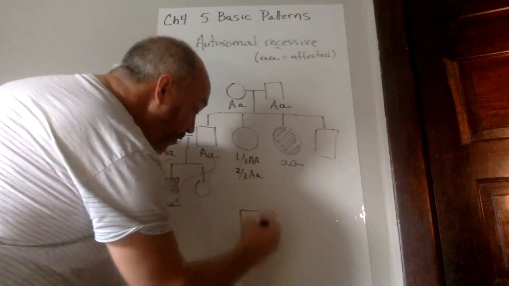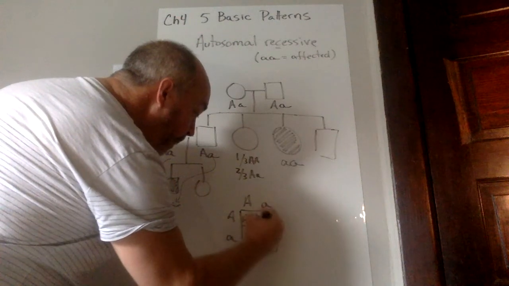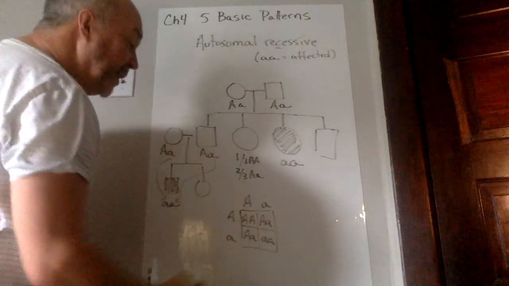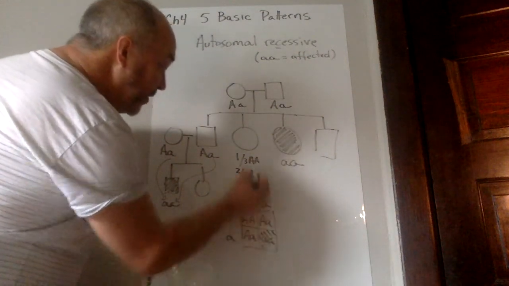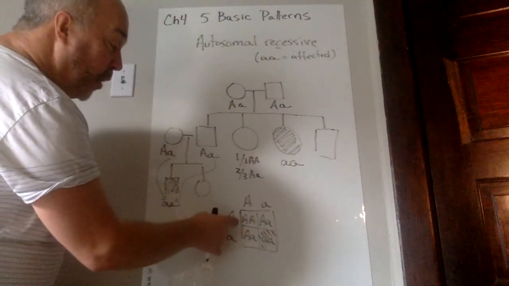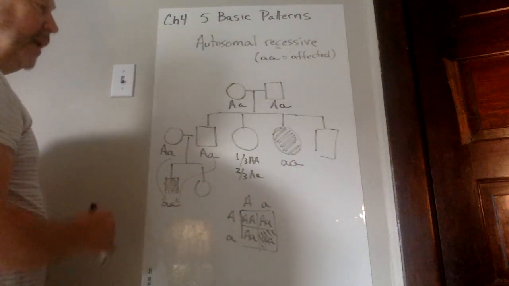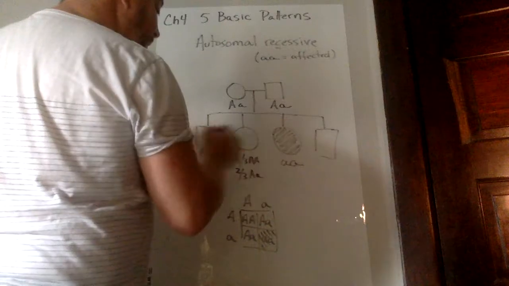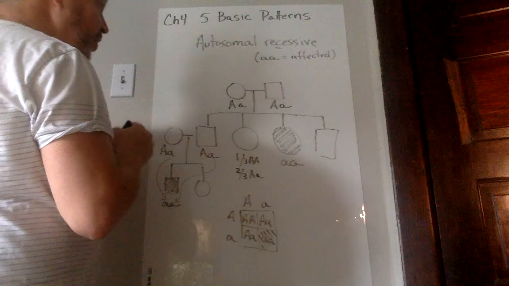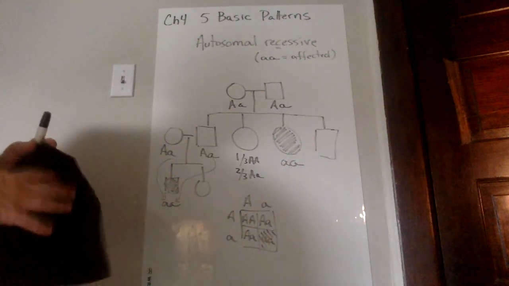Because if you remember from your Punnett square, if you cross two heterozygotes, you can be homozygous dominant, you can be heterozygous, or you can be homozygous recessive. We know it's not homozygous recessive because they are unaffected. So that only leaves three possibilities. One of those three is homozygous dominant. Two of those three would be heterozygous. So any unaffected individual that we can't determine has this kind of a ratio. So that is how a pedigree would look for autosomal recessive.